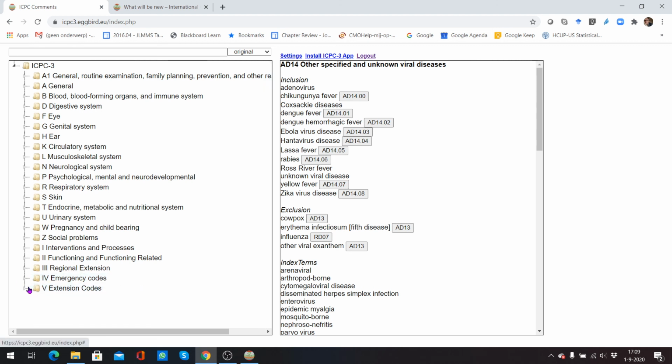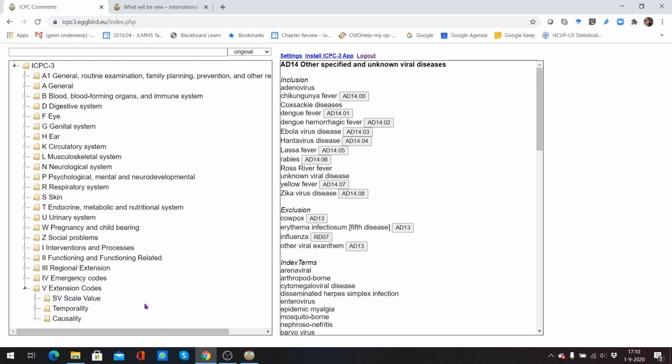And finally, we have the chapter 5, the extension codes. These codes can be used as additional codes or as additional positions to give more details or meaning to the original code, if desired. The extension code should not be used without an initial code.